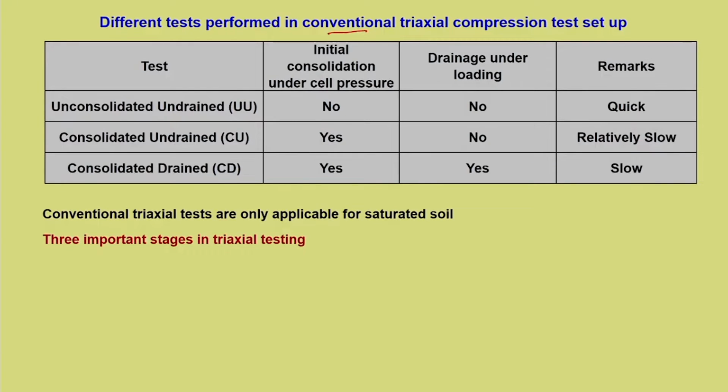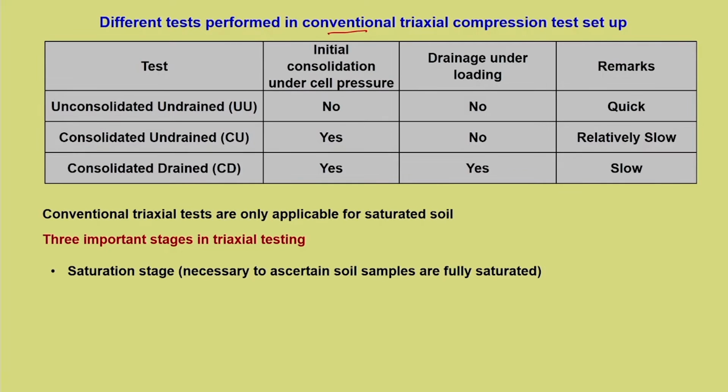The three important stages in triaxial testing. The first one is the saturation stage. We need to ascertain that the soil samples are fully saturated. If the samples are not fully saturated, we need to perform the saturation. So, the first aspect is we draw the sample from the field for determination of shear strength, and mostly these samples will be undrained.